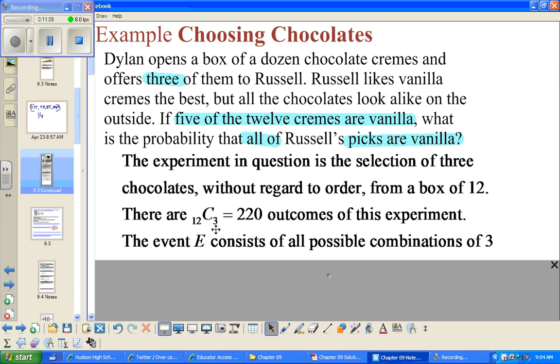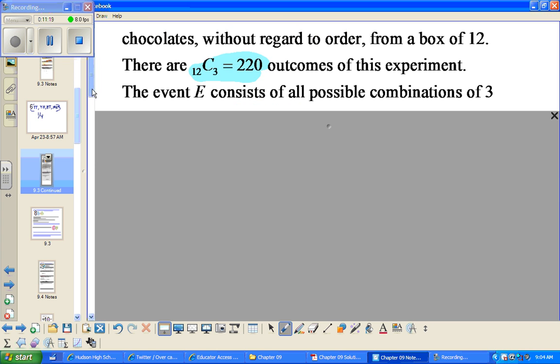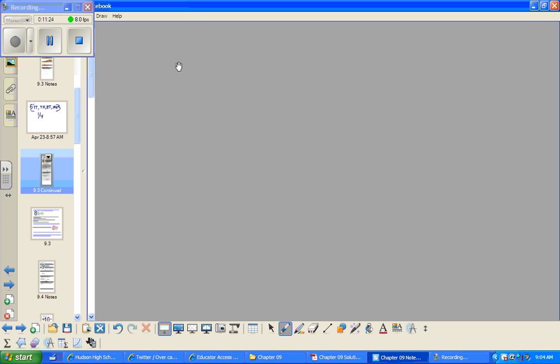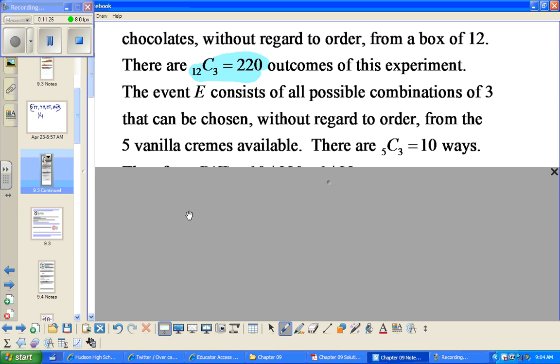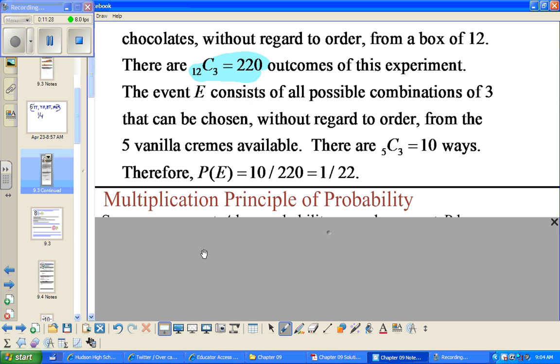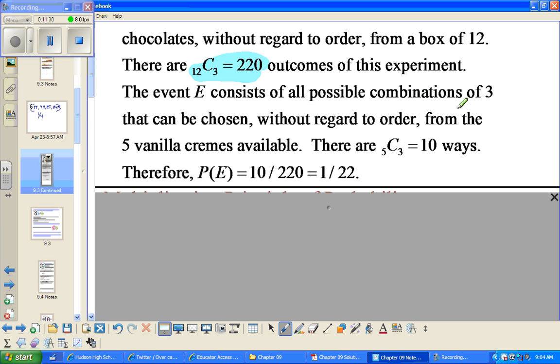So it'd be a combination problem. 12 choose 3. So there's 220 total outcomes possible. The event E consists of all possible combinations of 3. That's what we just talked about.